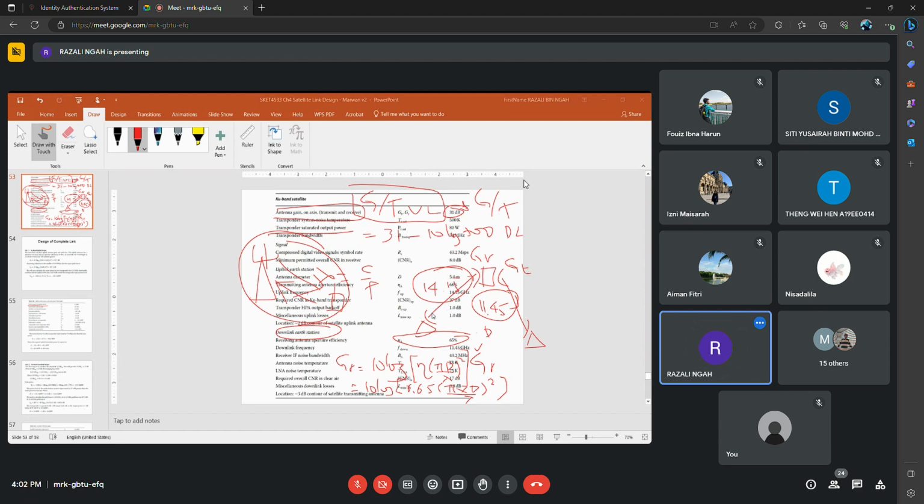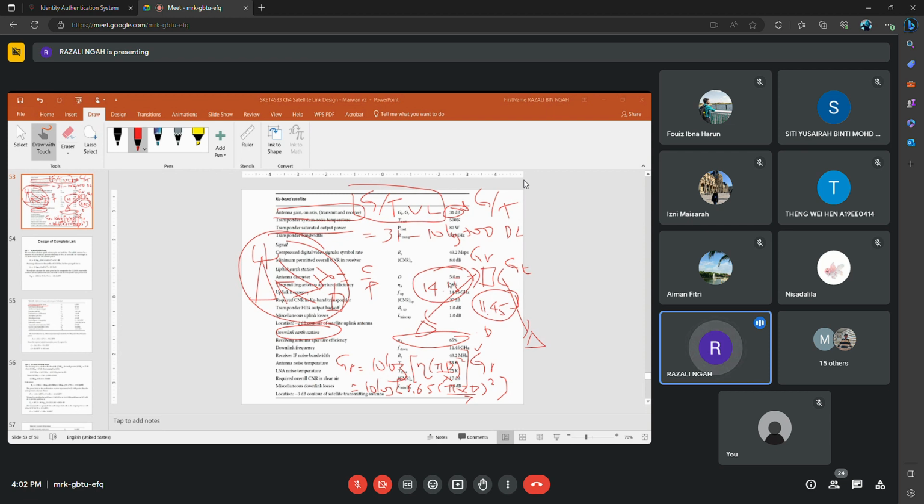So for uplink, if we compare with downlink, that means uplink path loss will be higher than downlink path loss, because of the higher frequency for uplink and lower frequency for downlink.